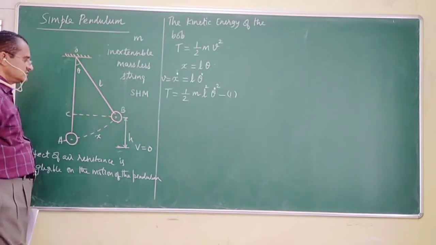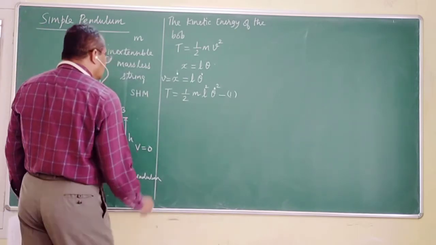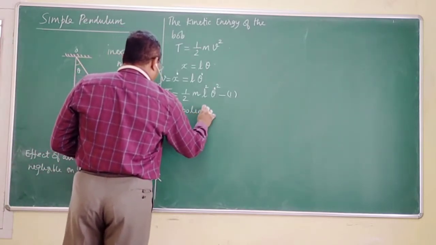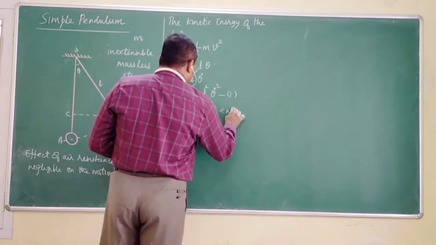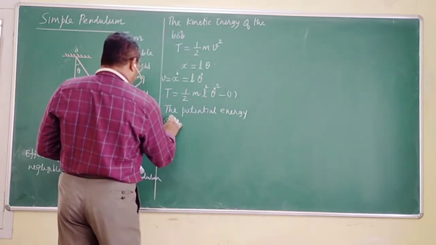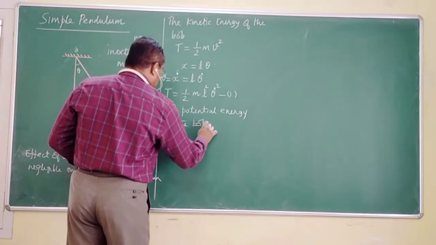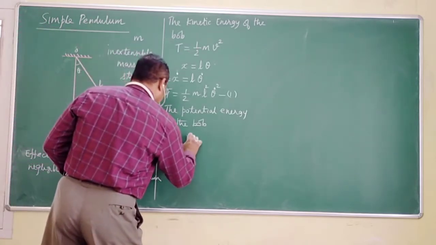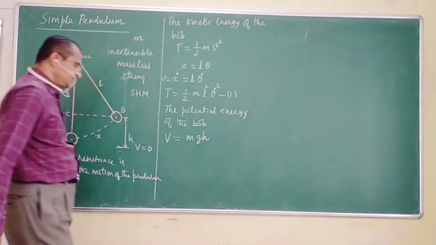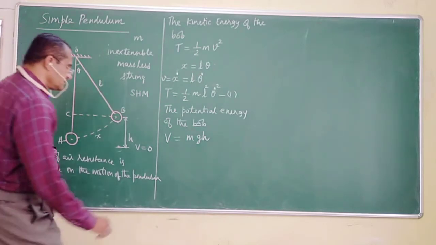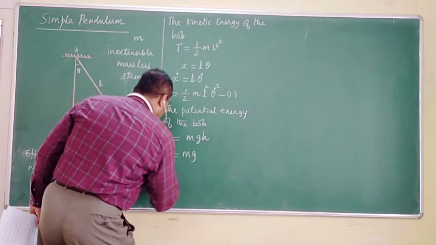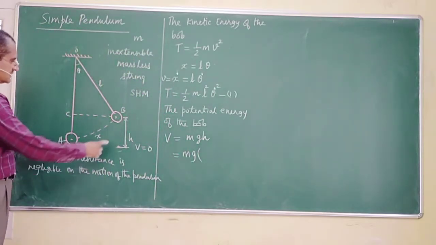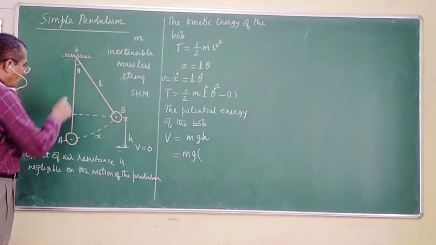At that instant, what is its potential energy? We know the potential energy of the ball, which I will denote as V, is mgh. This h I want. Can I write it as OA minus OC?